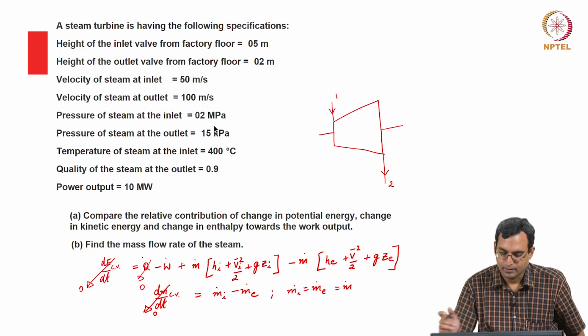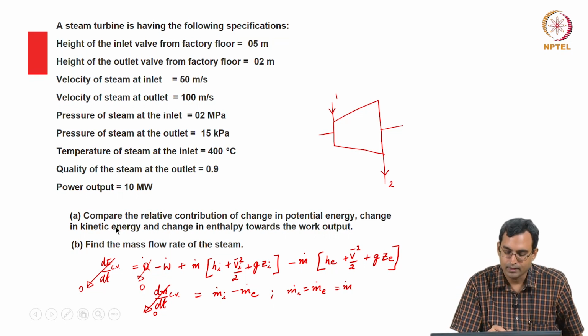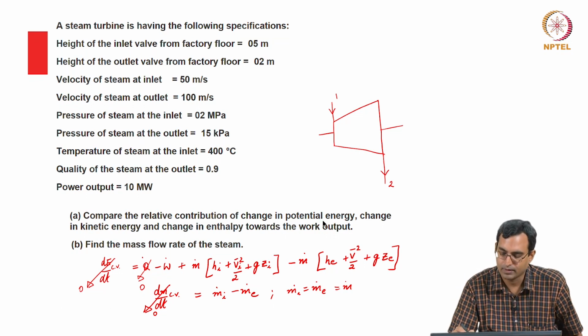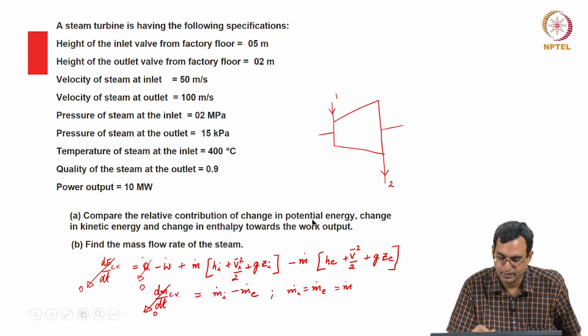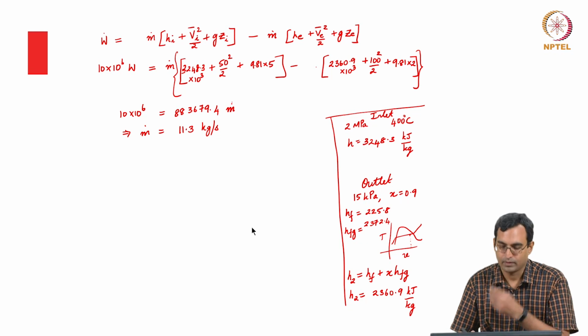So that was part of the answer. I found out this part B. I am also asked to find out the relative contribution of changes in potential energy, kinetic energy and enthalpy towards the work output. So I can find out that.